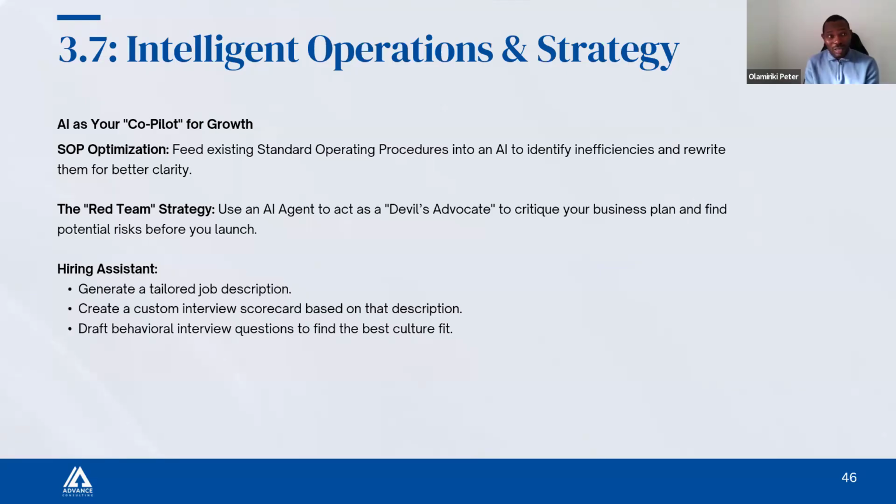So that is part of you making use of AI as your team to critique you, and you can imagine the level of critique AI will give you by the time you give it the right prompt. Okay, you have your plan, you have your pitch deck, you have your strategy document ready. Just try and use AI to critique it to make sure that it's well fine-tuned and you can see what are the potential risks before you launch.